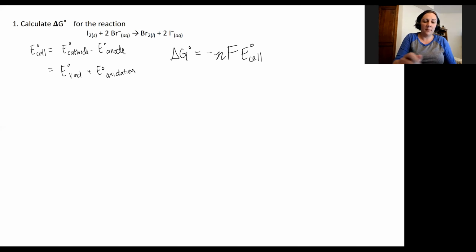So I'll look up the two potentials in the standard reduction potential table. Br2 plus 2 electrons gives us 2Br minus, with a reduction potential of 1.09 volts.